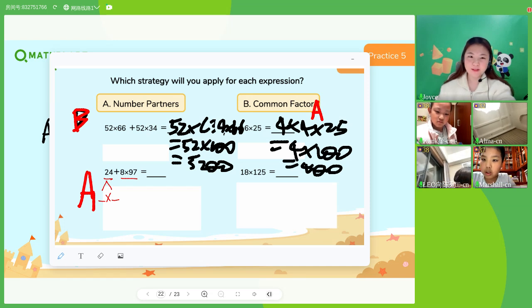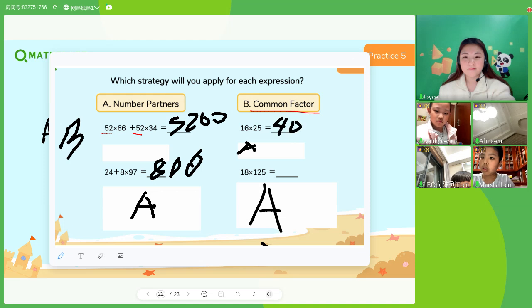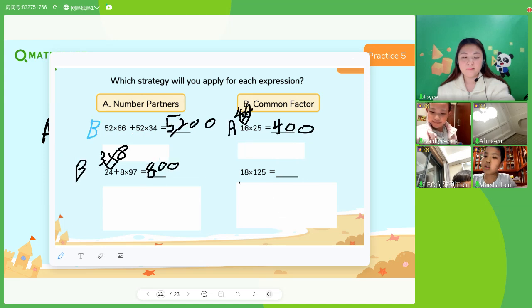So the 24 can be broken up into how many times how many, and the one number is the same as 8 or 97. Okay.